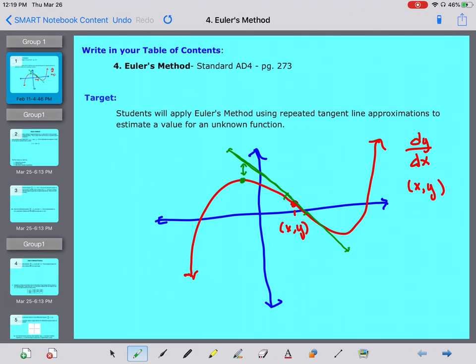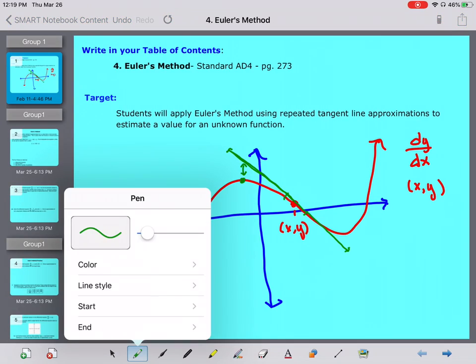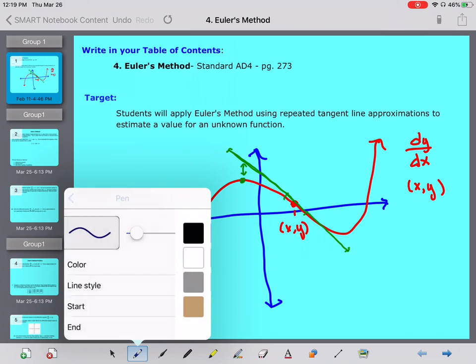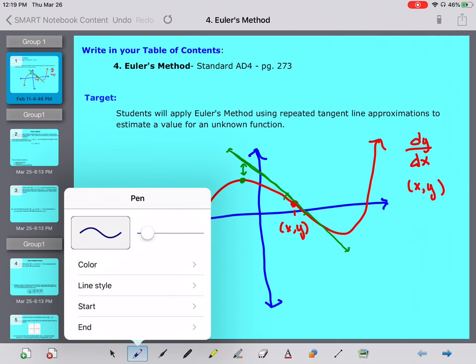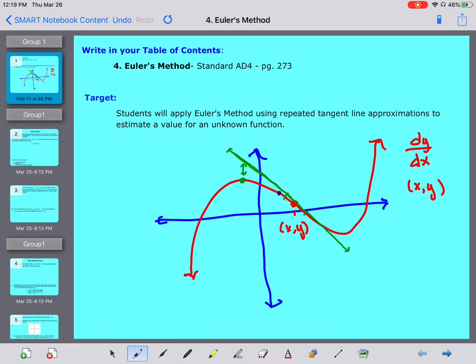So what he decided to do was to not use that tangent line to approximate that last point that I have here, but to use this tangent line to approximate maybe this point right there. Okay, so that would be a good approximation.